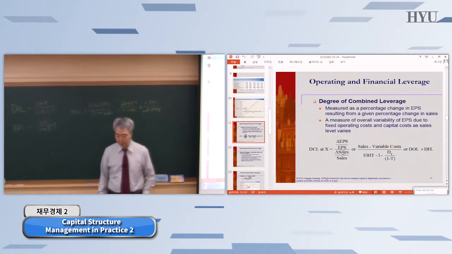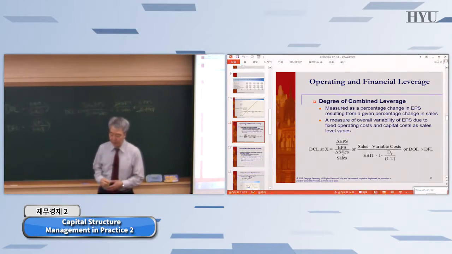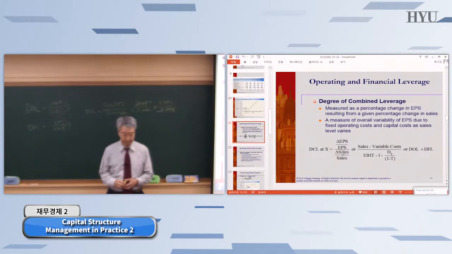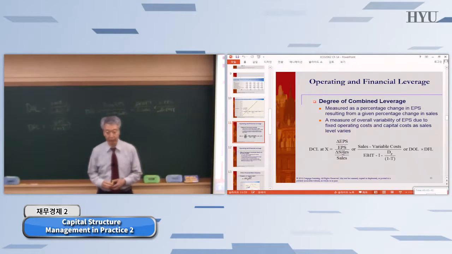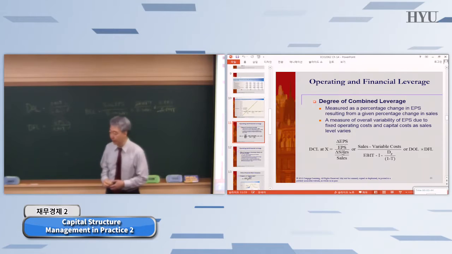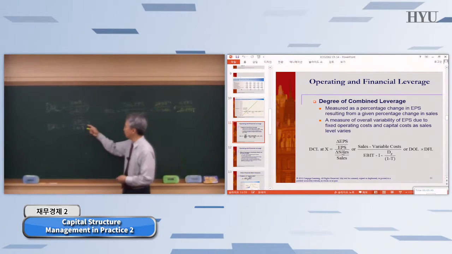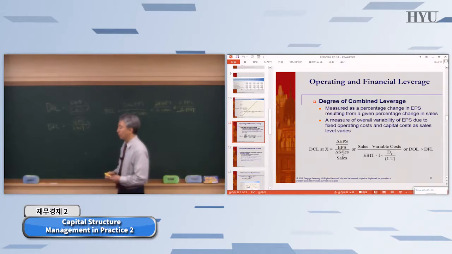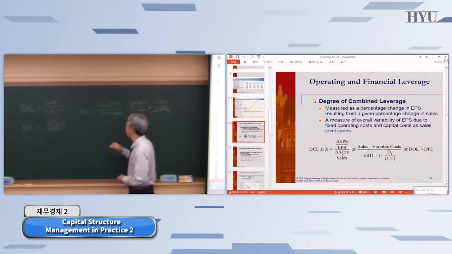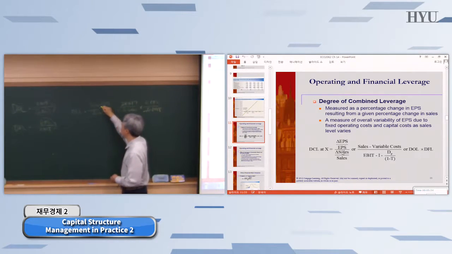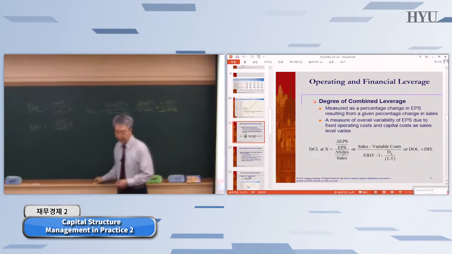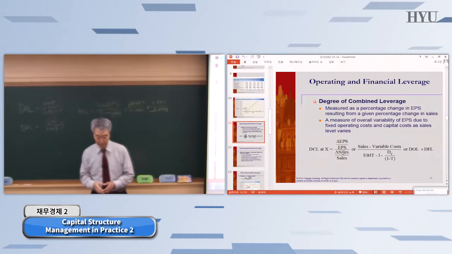So we find that DCL is simply DOL times DFL. That bypasses the intermediate steps, and we can look at the direct relationship between sales and EPS. That's the idea of DCL.